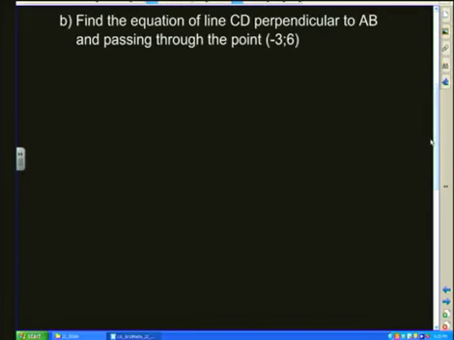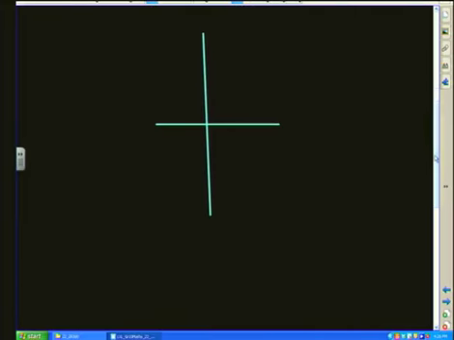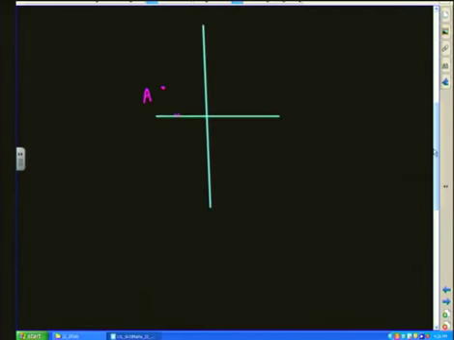Let's set this up on a system of axes. I'm just going to roughly put the points down where they should be. So we've got A is the point -6 and 1. So A is -6, somewhere there, and y is 1. And then we've got B is the point 0 and 3.